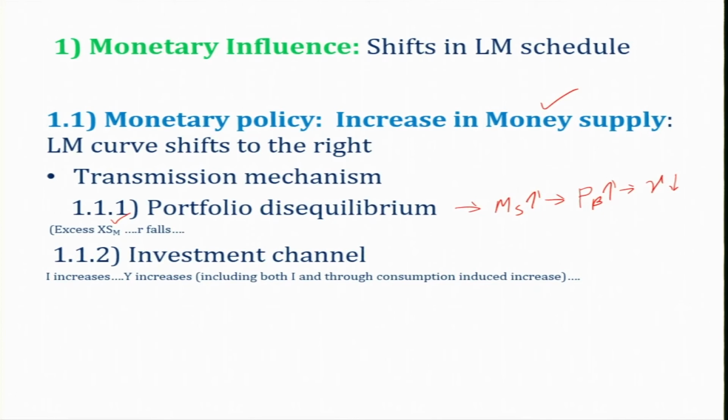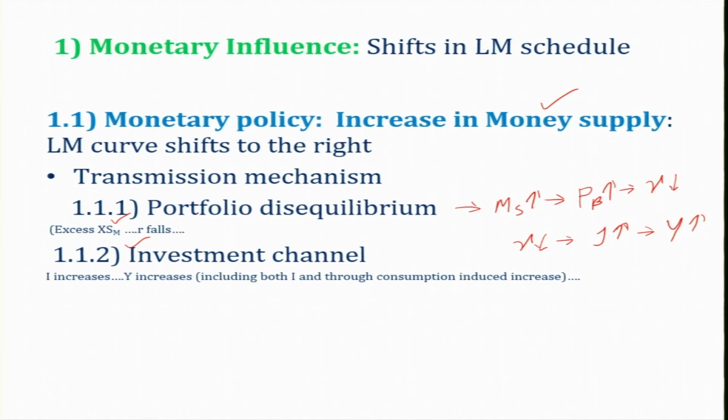When the rate of interest decreases, we are now familiar with the second channel, the investment channel. When the rate of interest decreases, investment will increase. When investment is increasing, saving must also increase. Due to the increase in investment, income is going to increase. So, a decrease in the rate of interest means Y increases.